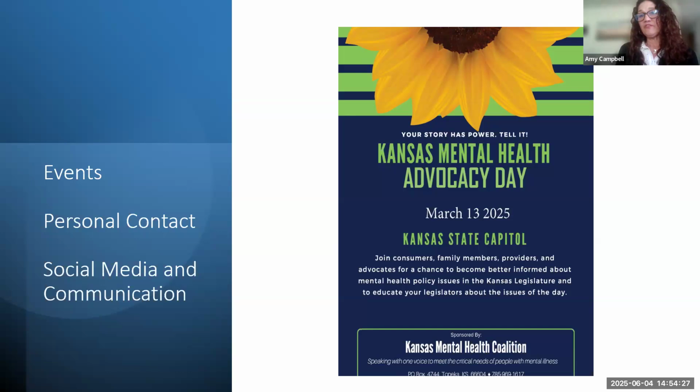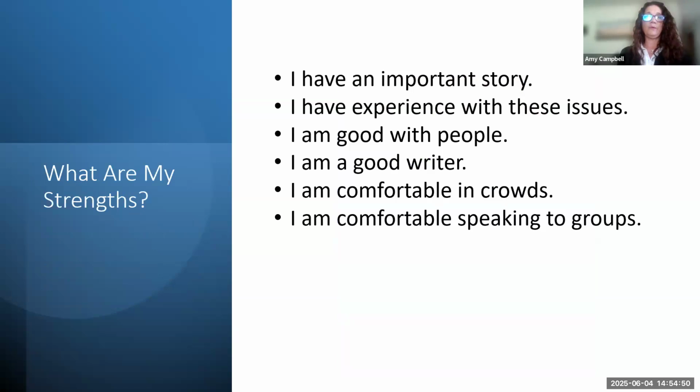This can be all the way from you sharing the scheduling information about an event so that your friends and family might also choose to participate, or maybe it's just that you are going to be posting pictures when you're there and using their hashtags so that you can broadcast that that event has gone on and share it with other people. But those are all different levels of advocacy that you might choose to participate in.